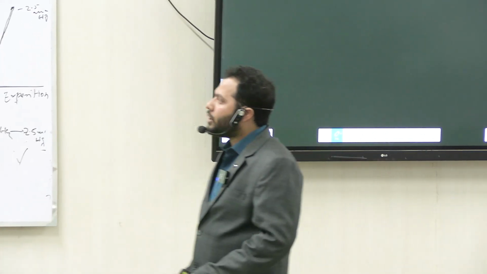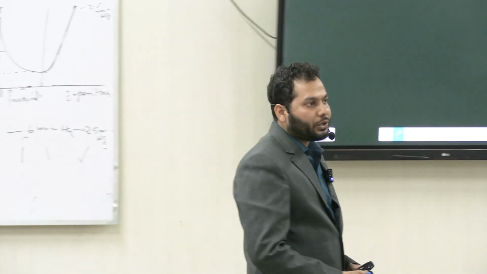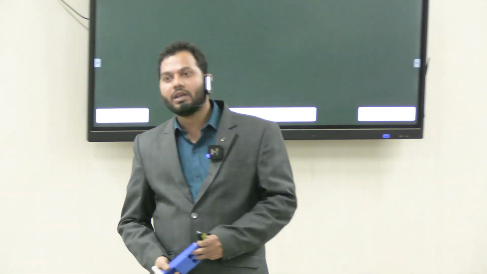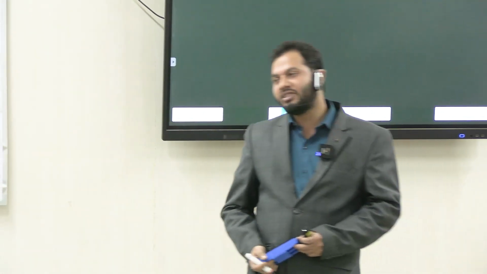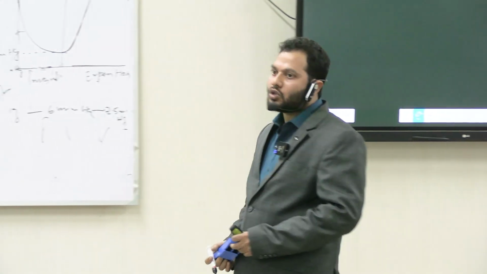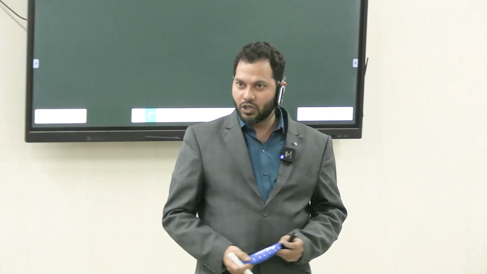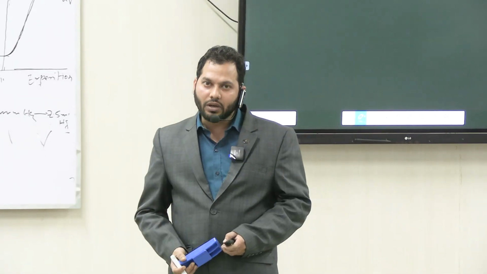And transrespiratory pressure. Here it is the pressure difference between the alveolar or intra-alveolar pressure and the atmospheric pressure. In both cases, the pressure is 760 mmHg, or 0 relative to atmospheric. Since the pressure is the same on both sides, there is no pressure difference. 0 minus 0, that is 0 mmHg, is the transrespiratory pressure.